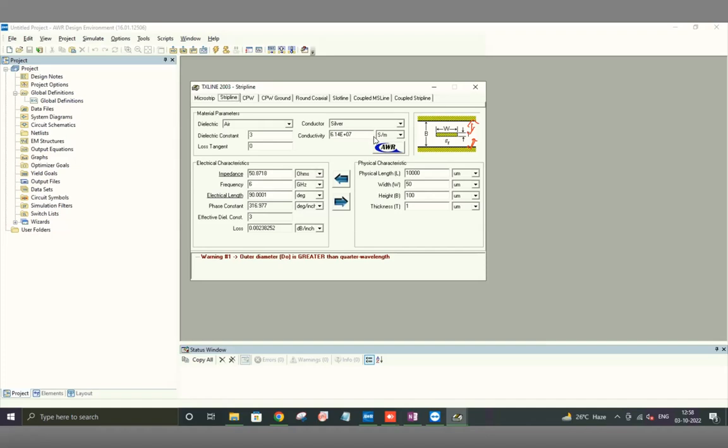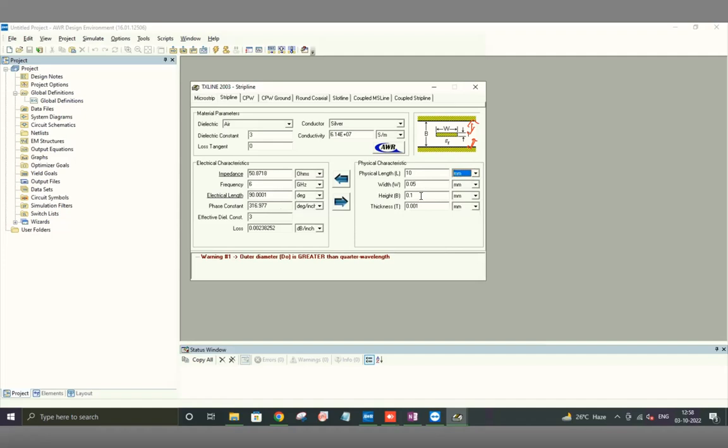So let's put some numbers in here. Dielectric constant of 3 is fine. Let's choose some more realistic kind of micron, or maybe millimeter is a good unit. Again, the physical length only will affect the electrical length.